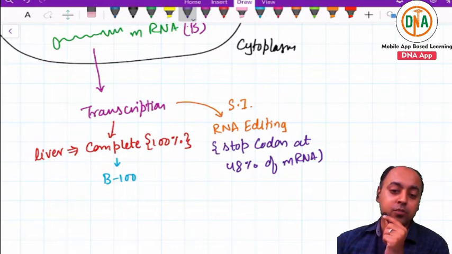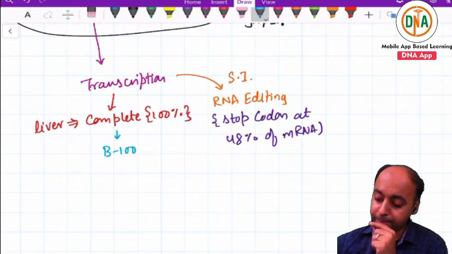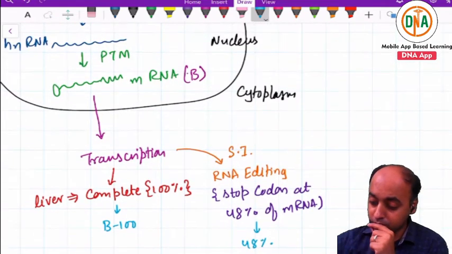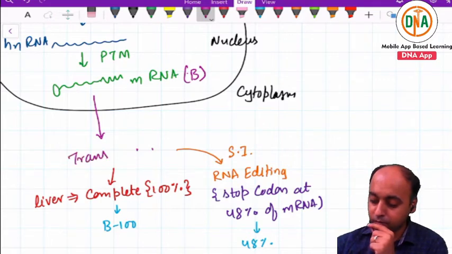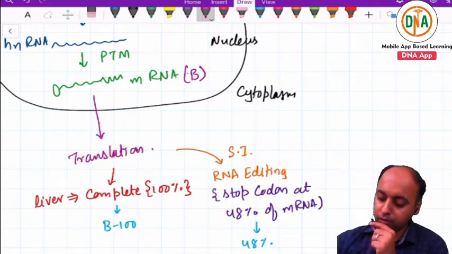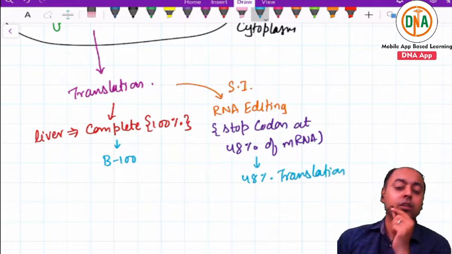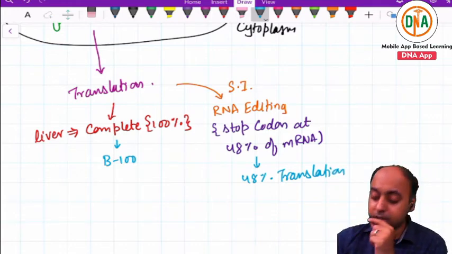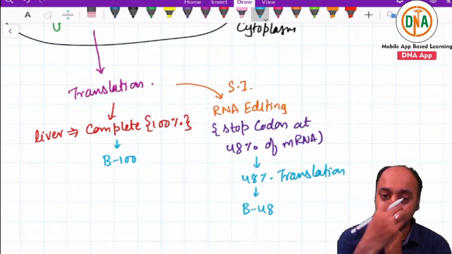At 48% of messenger RNA, only 48% translation occurs, because at that point there is a stop codon. I'm sorry, I said transcription earlier, this is translation. When the stop codon comes, the further translation cannot take place, and the resulting protein is therefore called B48. I hope this is clear to everyone.